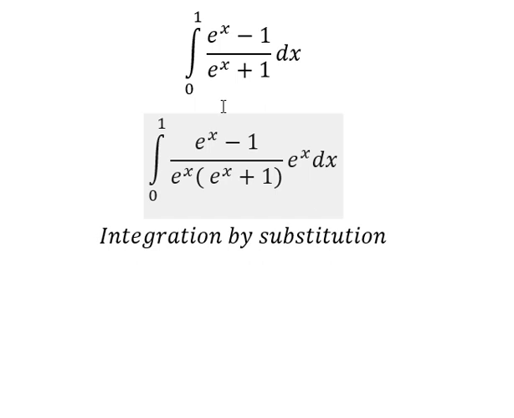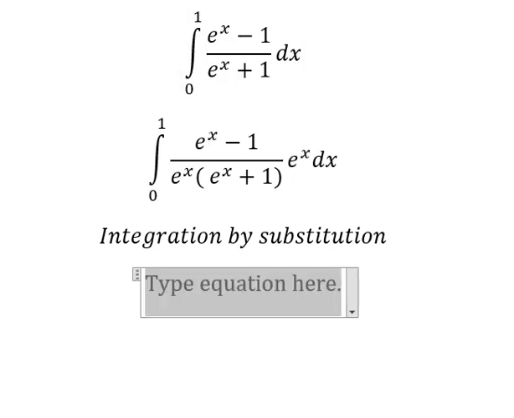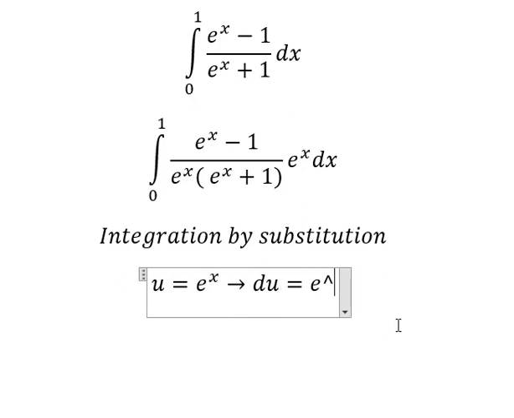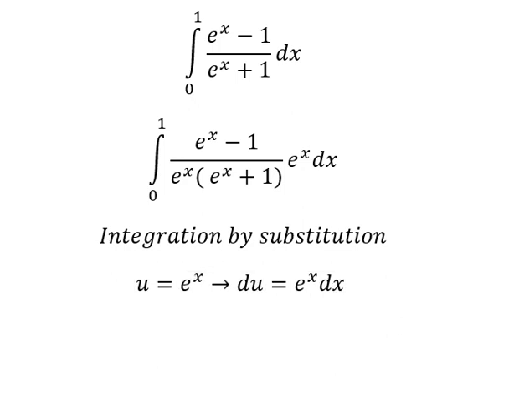So I will put u equals e to the power of s. Later we need to take the first derivative of both sides, and we have du equals e to the power of s ds.